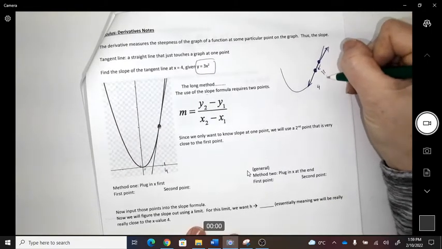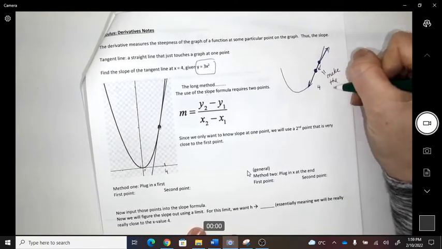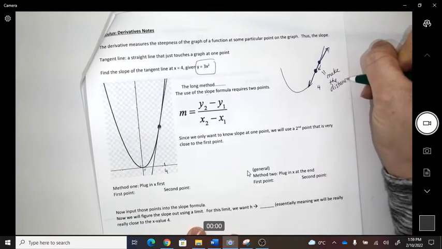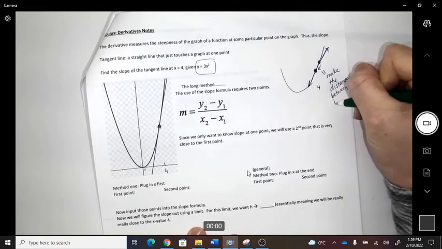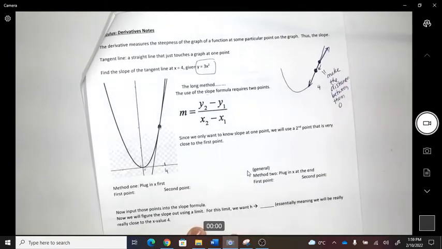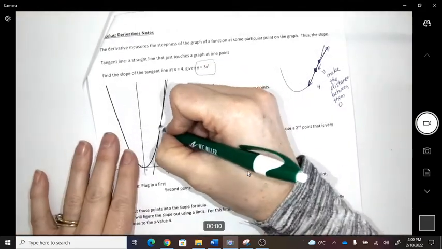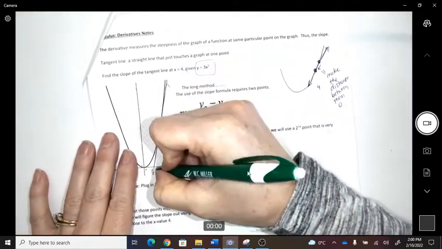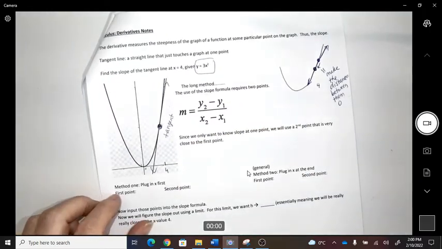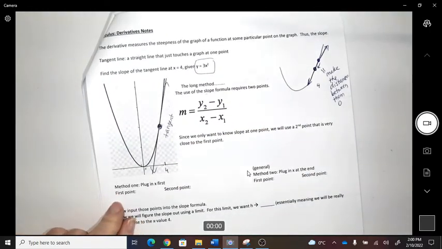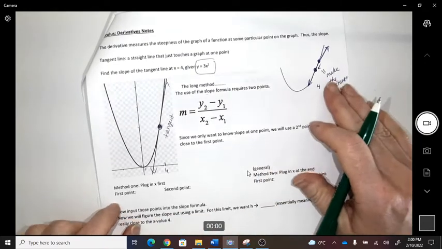The goal is to make the distance between them 0. My goal is to make those two coordinates be a 0 distance apart from each other. And once I'm 0 distance apart from each other, it's going to turn into a tangent, and it's going to tell me the slope. Okay?